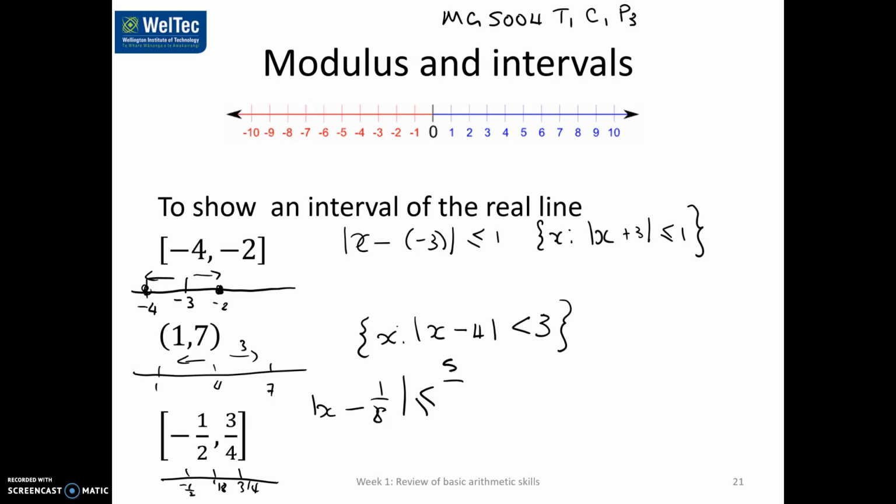That's 5/8. So that's what we've got, but that's a bit clumsy. What if we multiply everything by 8? So we could rewrite that exactly the same as 8x minus 1 is less than or equal to 5. Just like that.